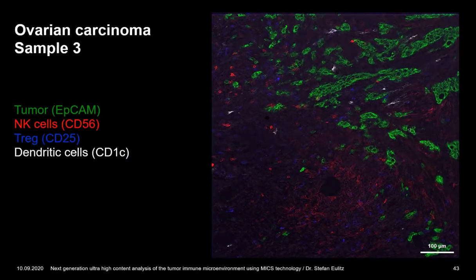Also some very few dendritic cells can be seen, represented by the CD1c signal. So now you have gained at least a first overview of the cell types we can find here in the sample.